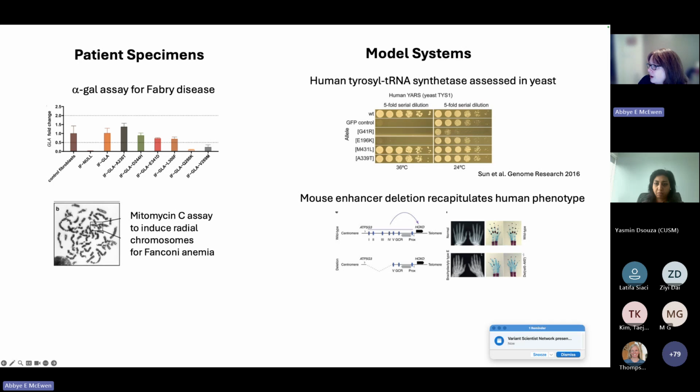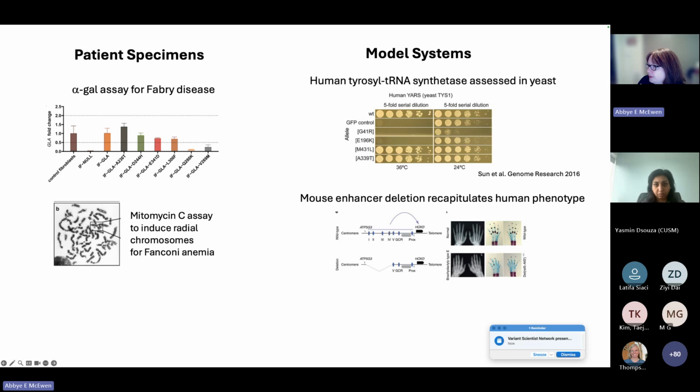So here are a couple more examples. You're probably familiar with biochemical genetics in the lab. We can use an alpha-galactosidase assay to assess for Fabry disease. We can look at a mitomycin C assay to look for radial chromosomes for Fanconi anemia. These are two types of data that can come from patient specimens.